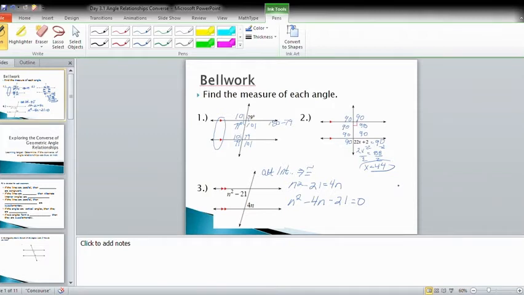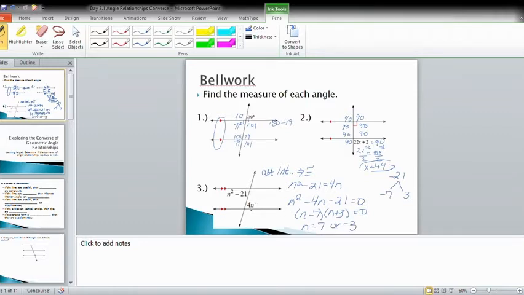I've got to find something that multiplies to negative 21, adds to negative 4. Well, 7 and 3 will do it. Which one has to be negative? The bigger one. So I have n minus 7 and n plus 3 equals 0. I'm going to solve, so I get n equals 7 or negative 3.